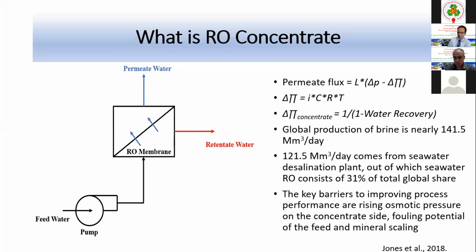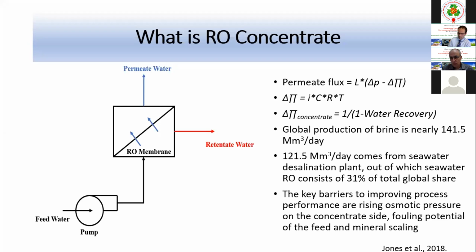This means we cannot go beyond a certain osmotic pressure, because that would require imposing a higher transmembrane pressure, and the membrane has a certain capacity to withstand pressure. So even if we design our RO process to the best of thermodynamic energy capabilities, we can expect that certain retentate will be generated.